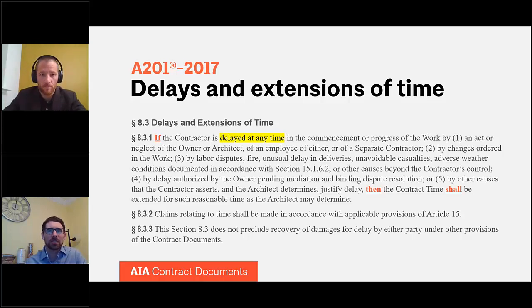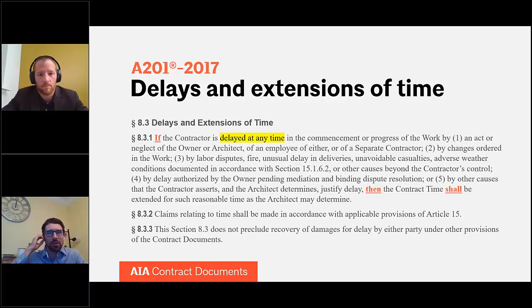The reason commencement or progress are used is because the contractor can be delayed in the progress of the work, meaning they are currently performing work and now they are going to be delayed in performing that work, or they can be delayed in the commencement of work, meaning maybe they've received a notice to proceed, but they can't begin their work right now. The commencement of that work has been delayed for some reason. So either of those actions, if the contractor is delayed in either commencing or progressing in the work, could trigger a delay claim under 8.3.1.